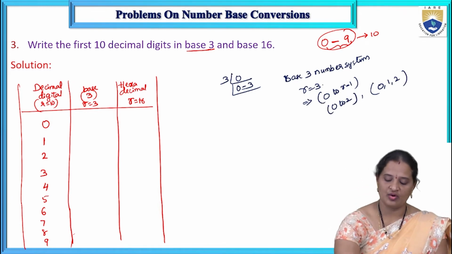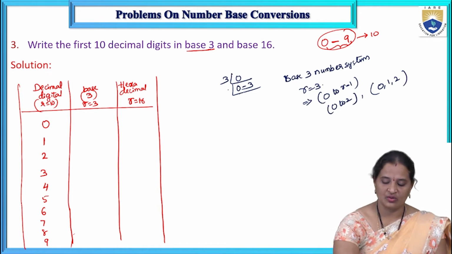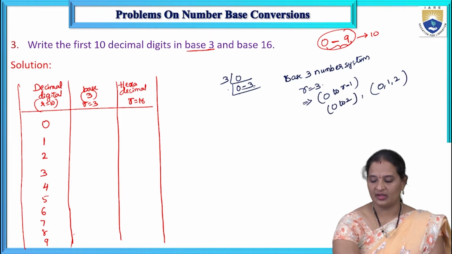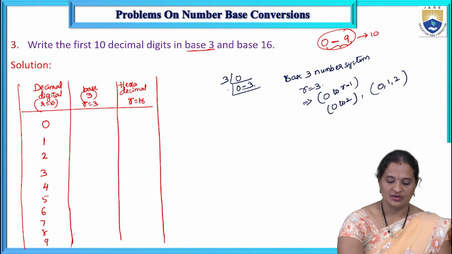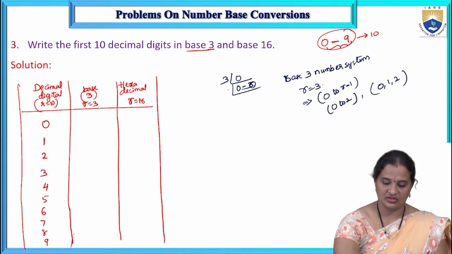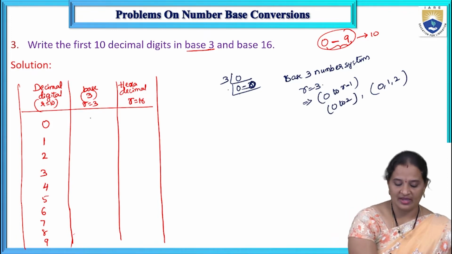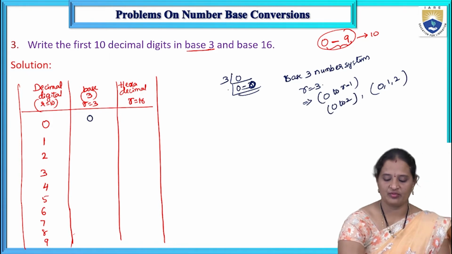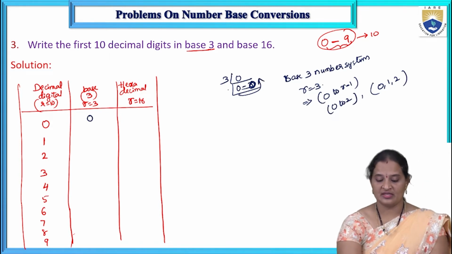So now how can I write this one? 0 and the remainder is, sorry, the remainder is also 0. So that is why I can write 0 as 0. Now I have to write down the remainders like this.